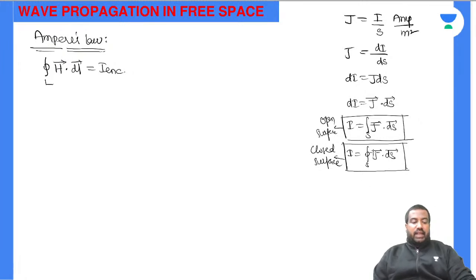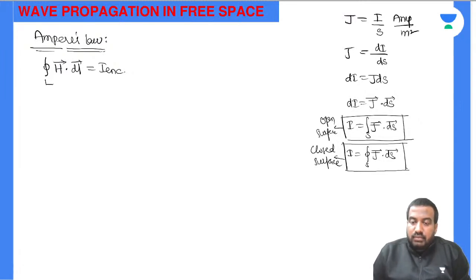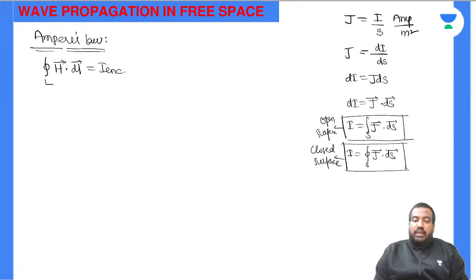Here what shall we take, closed surface or open surface, anyone? You can't say divergence, it is a dot product. You can use the word divergence, Bhaskar, only when it is operated on del. Yes, Bhaskar. If you are asking why dot product, I can tell you. Because what is the resultant of H and dl? The resultant is current.